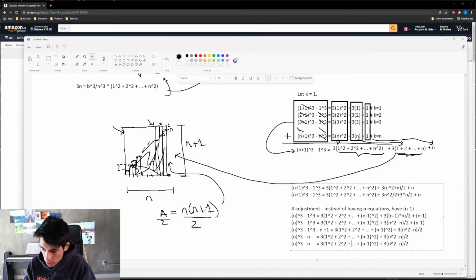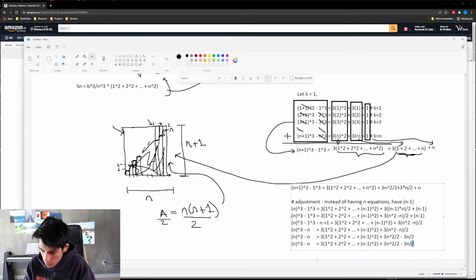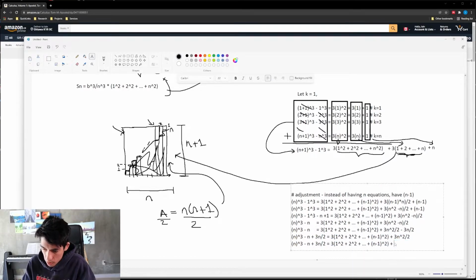Okay. And now let's simplify this part. So 3n squared over 2 by minus 3n over 2. And let's rearrange some more. Pull this term over. Plus 3n squared equals this value. And then let's pull over the next term. Right? And minus this term.